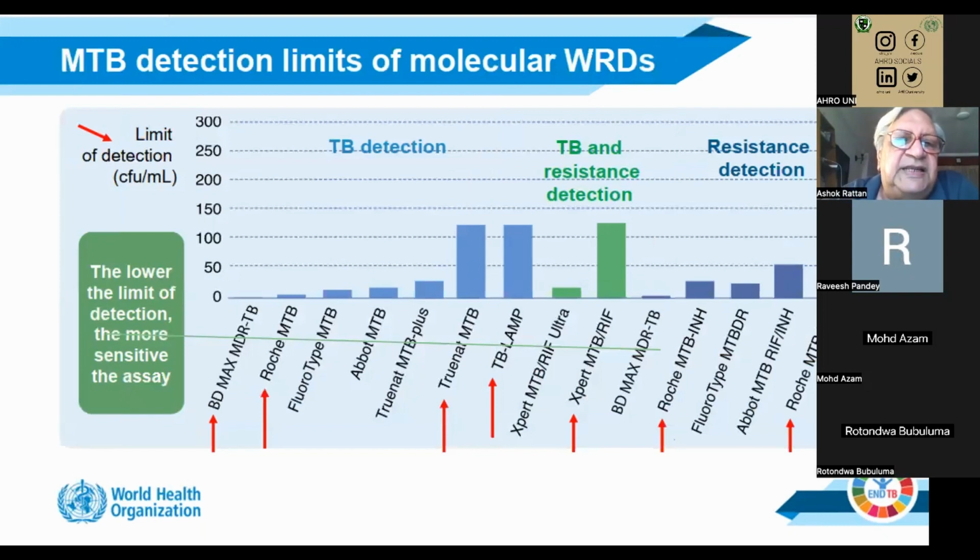WHO's own slide indicates that BD-MAX had a detection limit of 0.5 colony-forming units per ml, being the most sensitive, and would report on resistance if 6 bacteria were present.